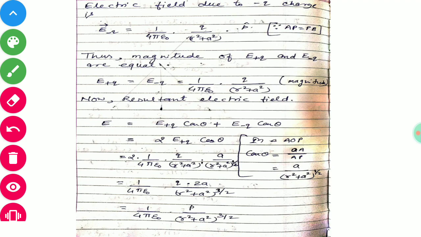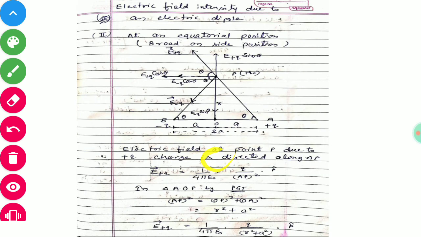Now put the value of E plus Q and cos theta over there, which is 2 times 1 by 4 pi epsilon naught Q by (r square plus a square) whole raised to power 1, into a upon (r square plus a square) whole raised to power half. Now 1 by 4 pi epsilon naught as it is, Q into 2a.